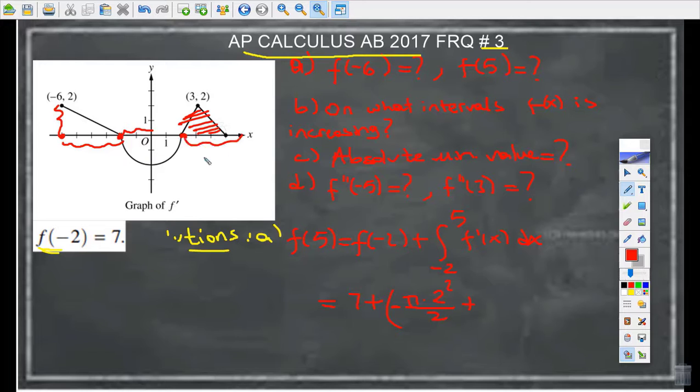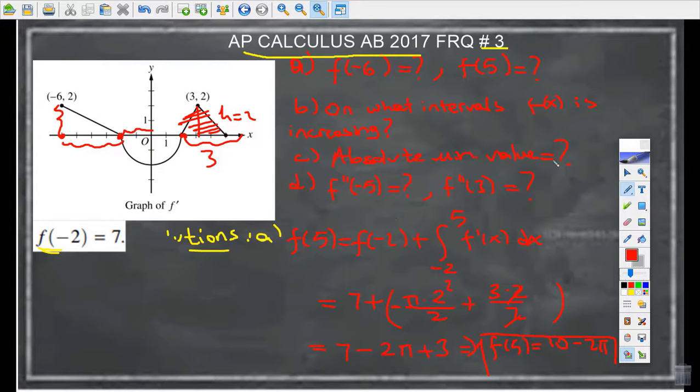The base is 3, the height is 2, so 3 times 2 divided by 2. So these 2's are gone. Finally my answer is 7 minus 2 pi plus 3. If I combine the like terms, f of 5 is equal to 10 minus 2 pi. That's the final answer. So that's part A.